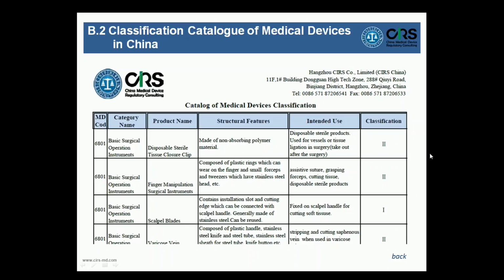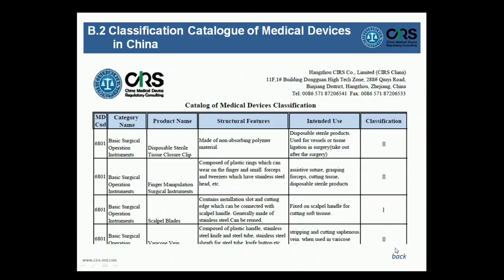And we list the category code and category name, product name, structural features, intended use, and the classification results in our catalog. We are pretty confident that you can find your device here. If anyone of you would like to get this catalog, you can just send us an email. We can send this catalog to you for free. Also, you can use the classification system to be introduced later.